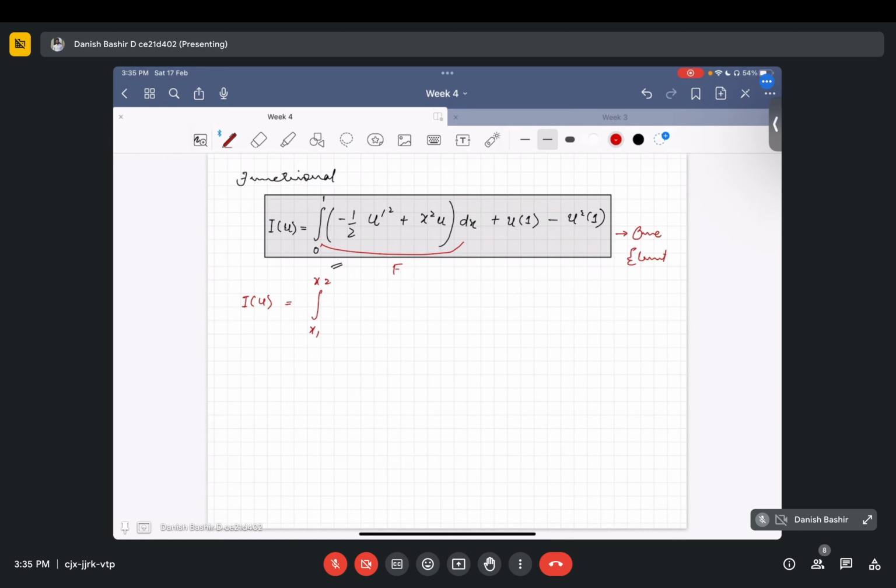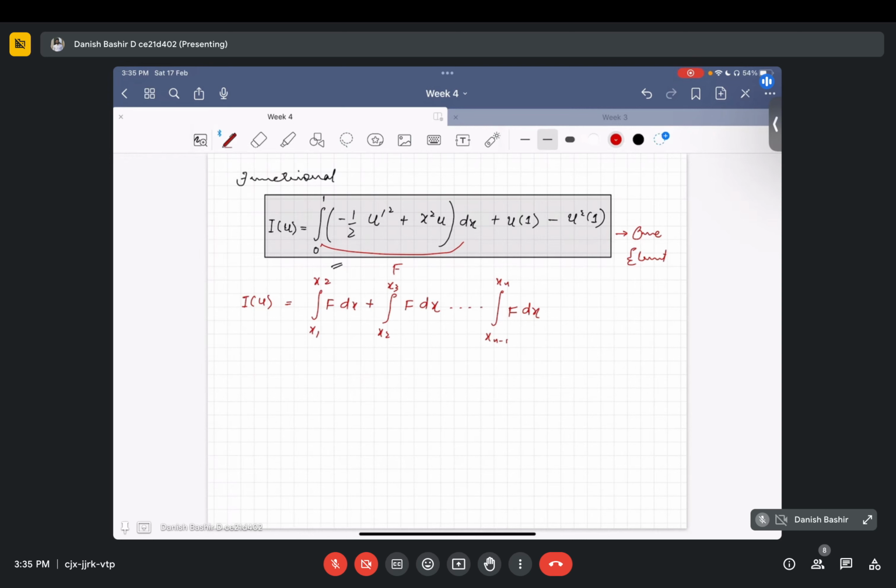X1 to X2, we denoted this by f dx. Then for another element it will be X2 to X3, as the element numbering is continuous, f dx. Then continuing up to the nth element, f from x(n-1) up to xn, f of x dx.